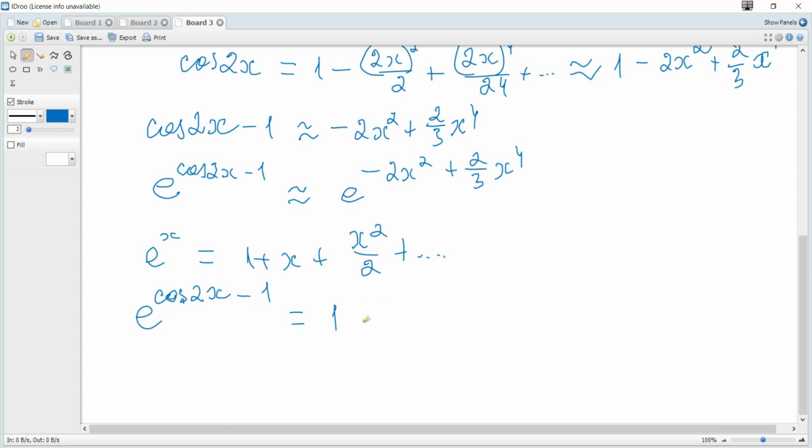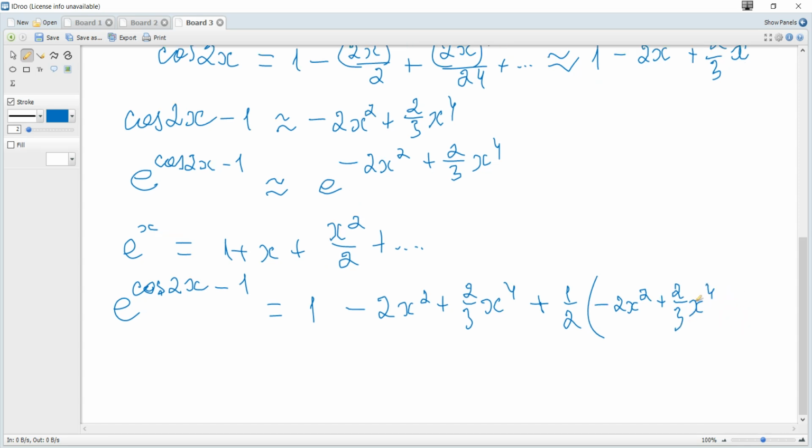So it becomes 1 plus x, so it's negative 2x squared plus 2 thirds x to the power of 4, and plus 1 over 2 times negative 2x squared plus 2 thirds x to the power of 4 all squared. In general, it's plus dots, or you can write approximately equal.